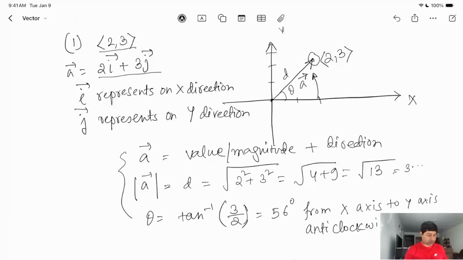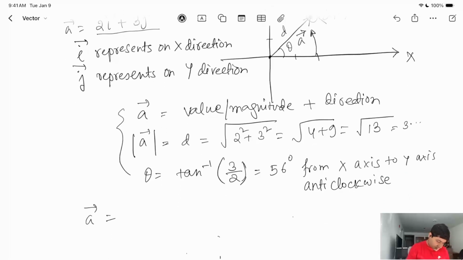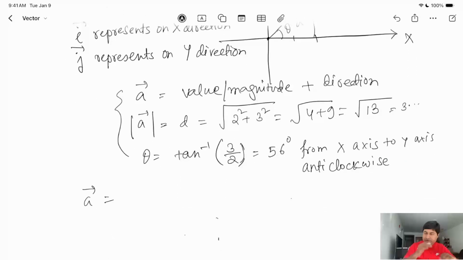It should be very similar for three-dimensional space. We will discuss that later, but a vector can be represented as a1i plus b1j plus c1k in three-dimensional space.